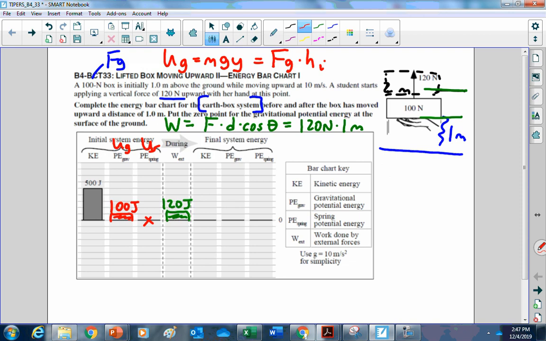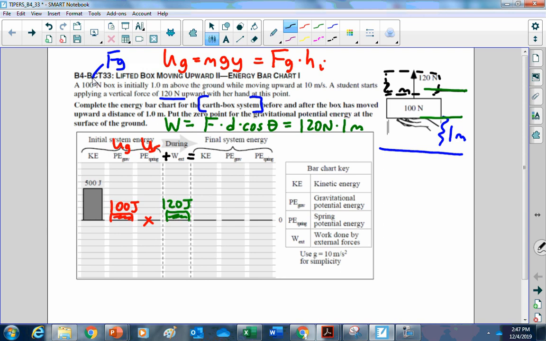Okay, so that tells me that I expect the initial energy plus the work to equal the final energy. So I've got 500 plus 100 plus 120 worth of energy that I need to account for in the final state. So that's 720.